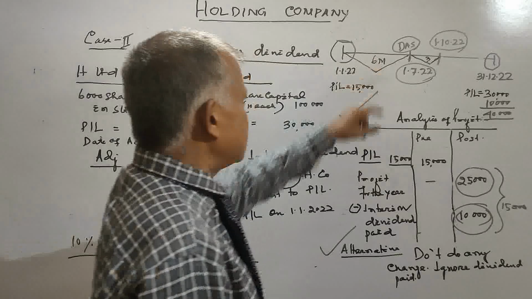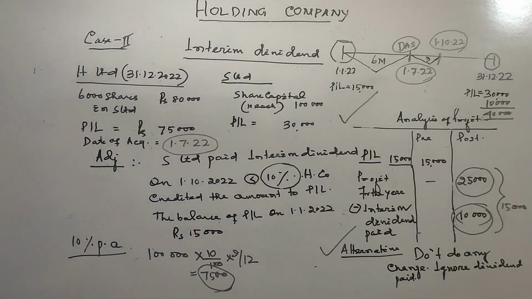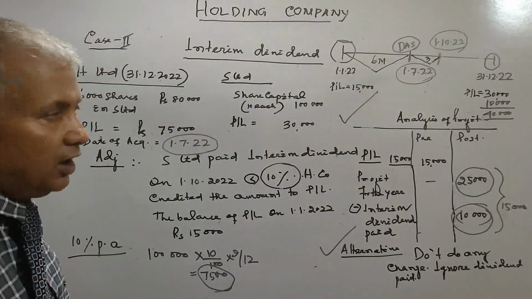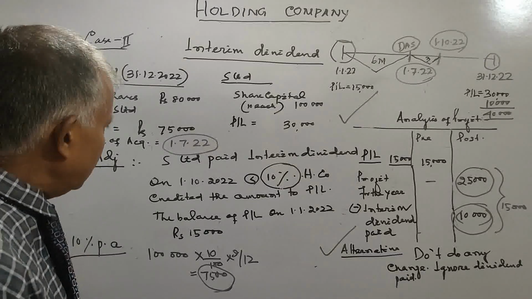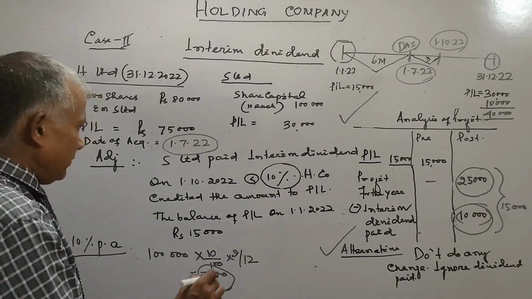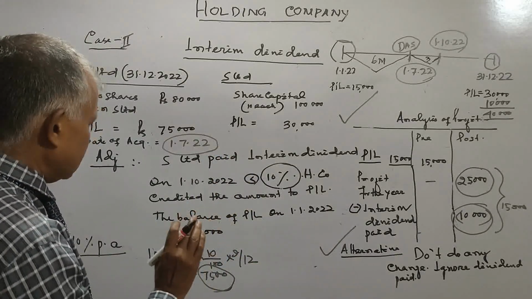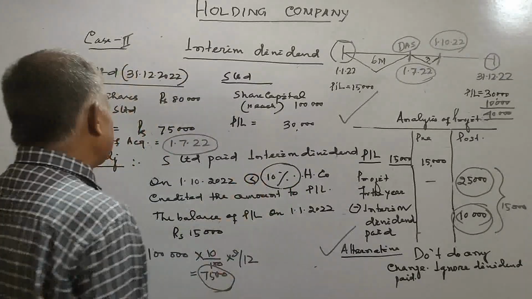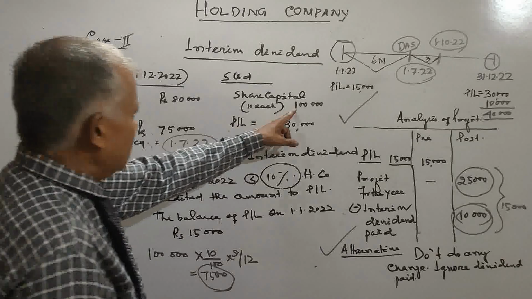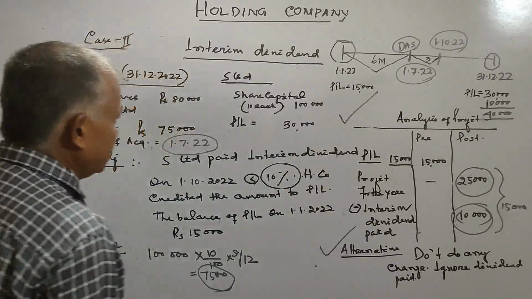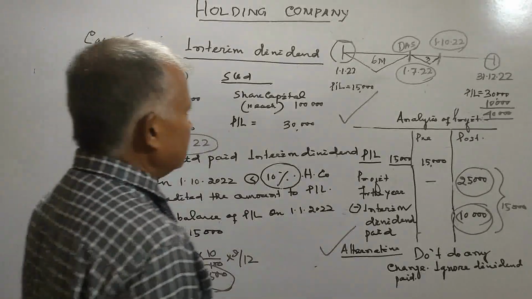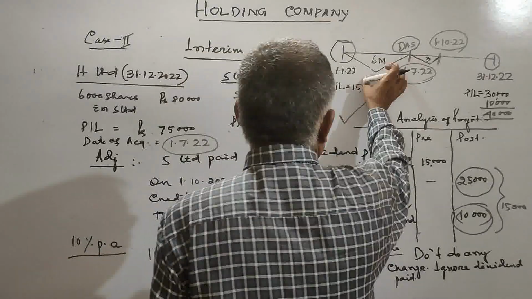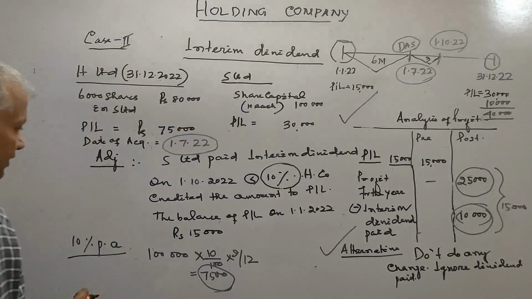Out of 9 months, 6 months is your pre-acquisition period and 3 months is your post-acquisition period. So friends, let us consider 10%, I am not talking about 10% per annum, I will talk about that later on. So 10% means 1 lakh into 10%, that is 10,000 is the dividend, and 10,000 is the dividend for 9 months. So for 6 months you have to calculate what is the dividend.